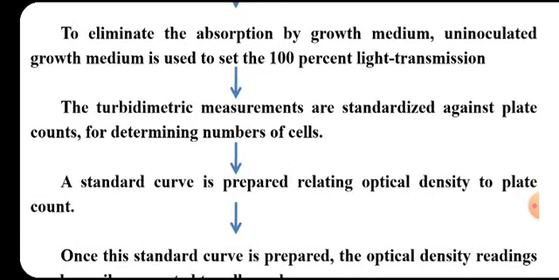That means the first step is you have the organism, suspend the growth in saline or growth medium, and then prepare several dilutions, measure the optical density of each dilution. Now you want to standardize these optical density readings. So we can standardize these readings against plate count by determining number of cells.